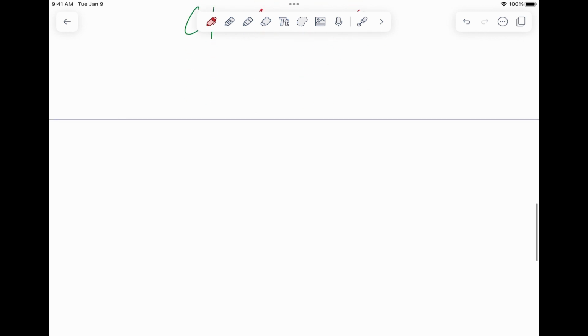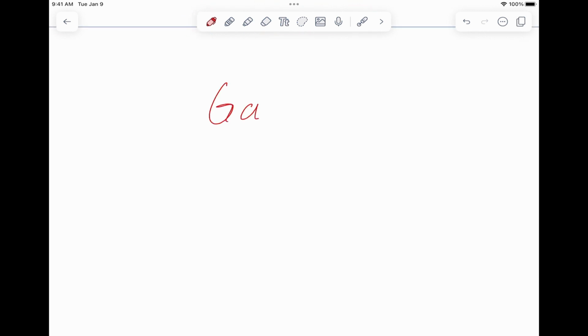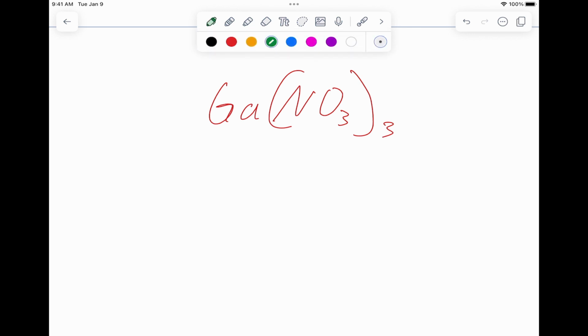Next one, we have our gallium nitrate, all right? And gallium doesn't have anything in front of it. The nitrate is in parentheses with a 3 on the outside of it. So again, I'm just going to make a little note to myself, hey, that's a 1 out here. Whenever I don't see it, that will help remind me of that.